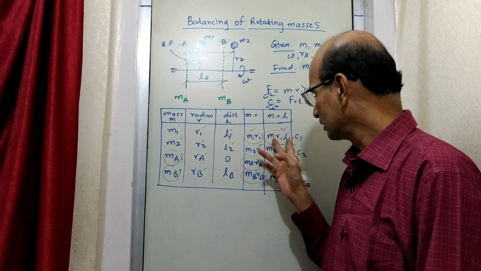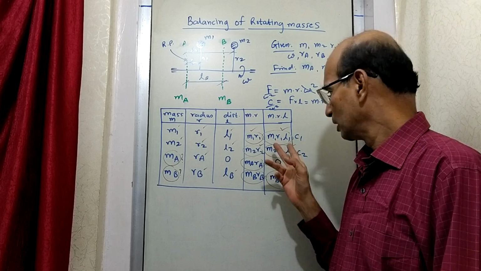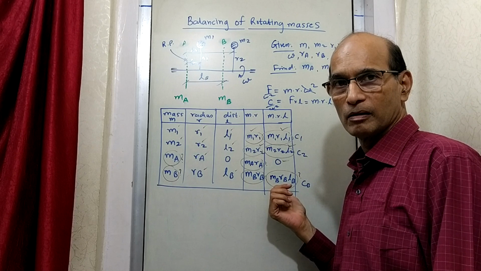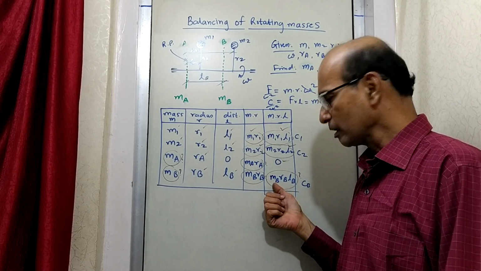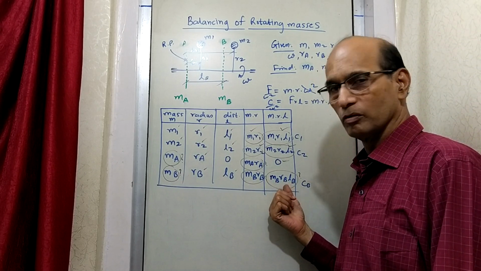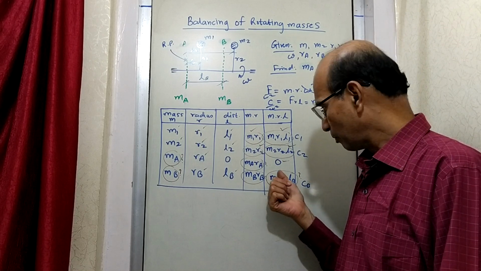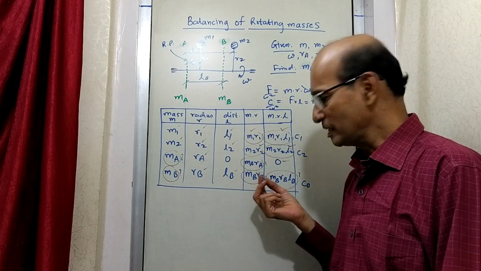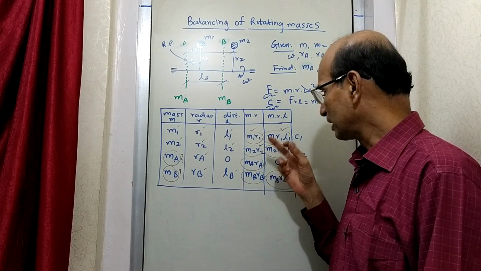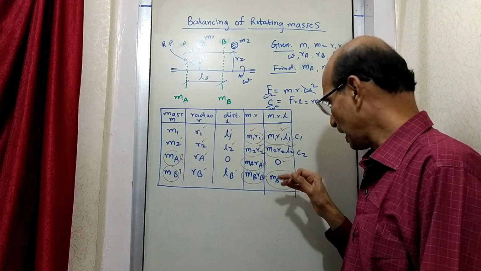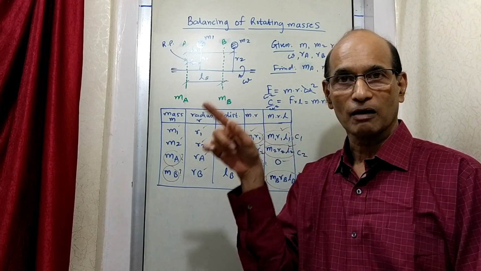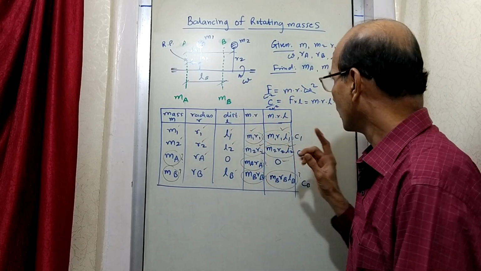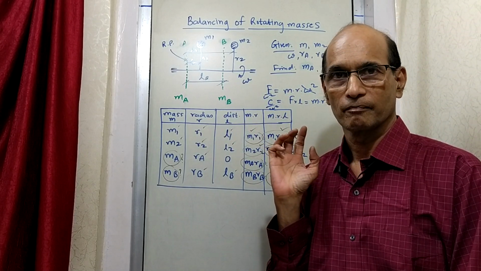Out of that, the magnitude of this couple we know. The magnitude of the third couple contains the unknown MB. The other two things are known, distances and radius, but this is unknown as a quantity because of MB. If you adjust this MB in such a way that these three vectors form a closed figure, then these three couples are balancing each other.